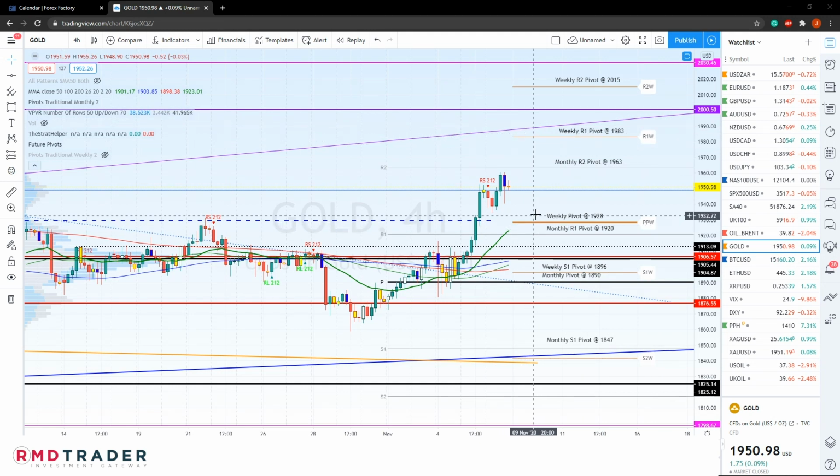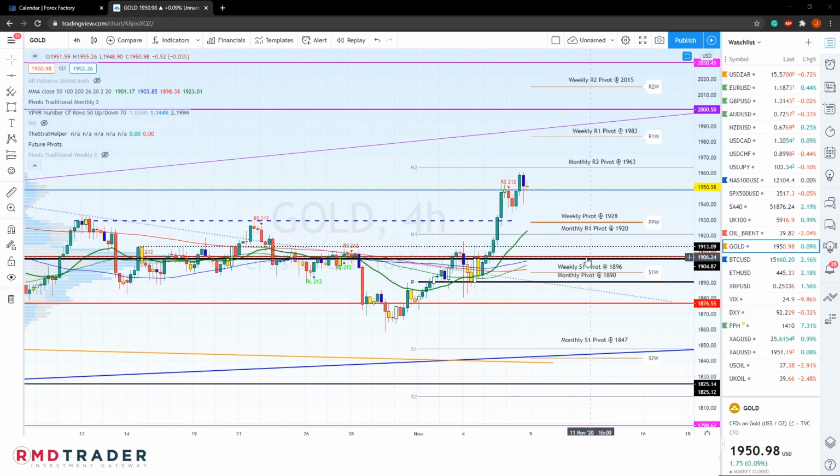If, however, price were to break below this area of support of 1920, it will again find some strong support at this 1905 level, as this is where we will see the 4-hour 50 and 100 SMAs all converging on this previous area of support.